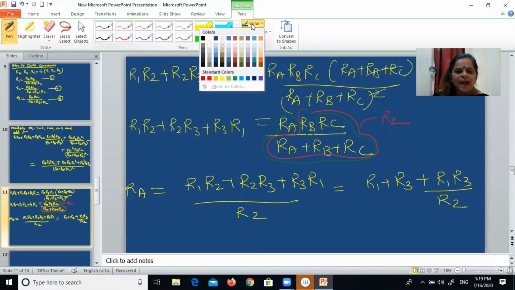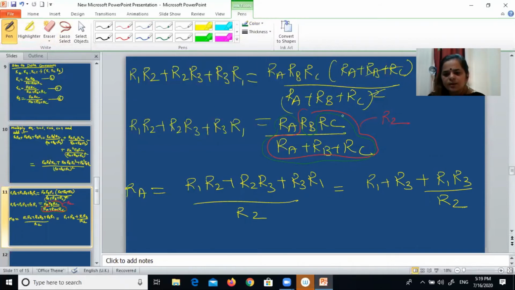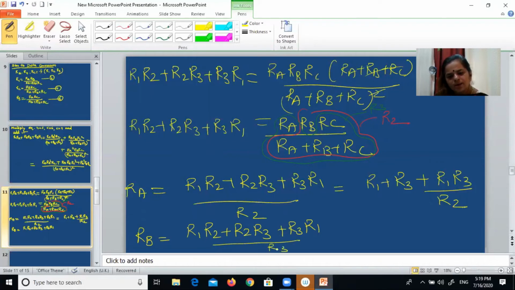So I will get RB equal to R1 R2 plus R2 R3 plus R3 R1 divided by R3. Finally I will get R2 plus R1 plus R1 R2 divided by R3.